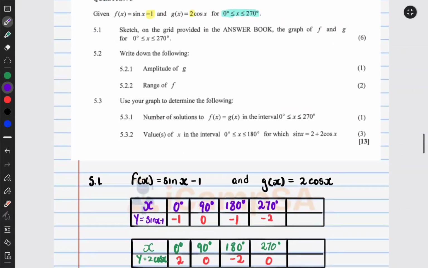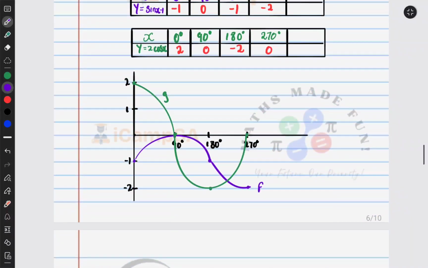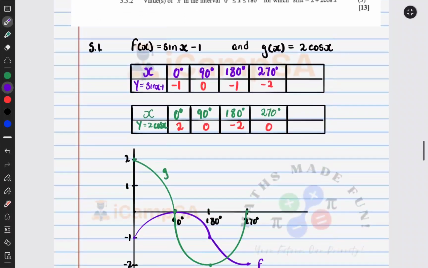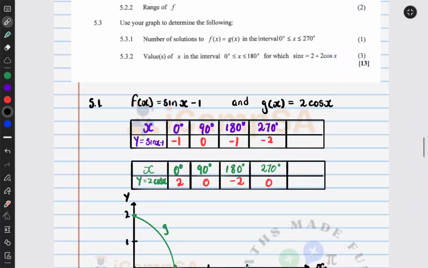Nothing more, nothing less, except for labeling our axes. This is the x-axis and this is the y-axis.